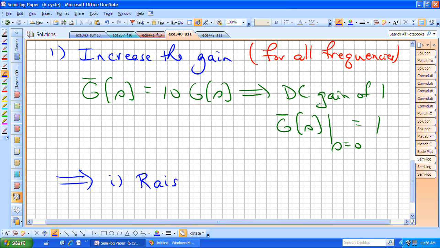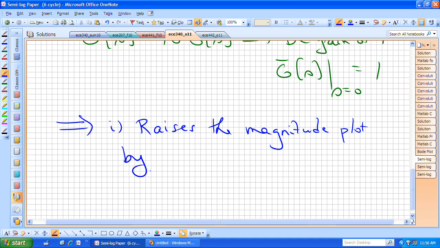All that is saying really is that we need to raise the magnitude plot and leave the phase plot unchanged. If all we're doing is introducing a gain, then this raises the magnitude plot by a fixed or constant amount of 20 times the log base 10 of 10, or 20 dB, for all frequencies.